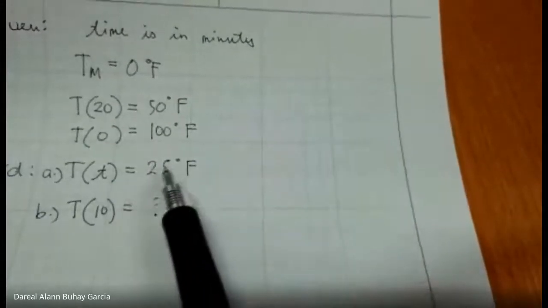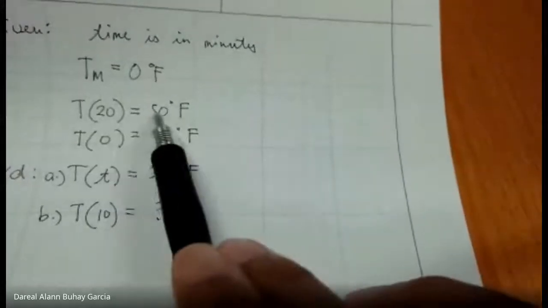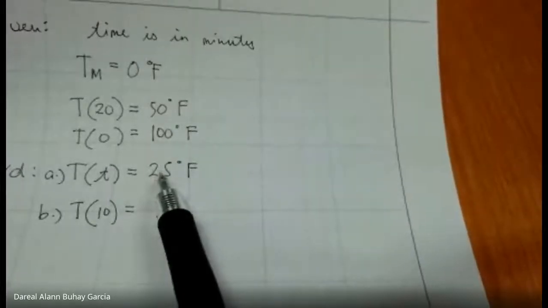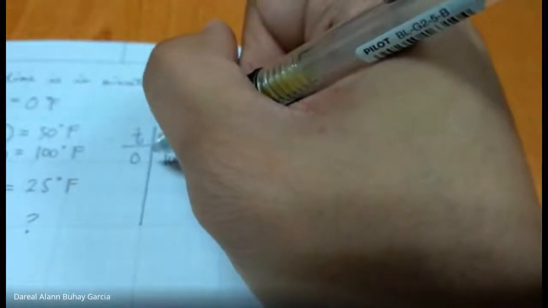So, kung ito i-graph, may ang temperature, may ang time. At time 0, 100 degrees Fahrenheit din dire. At time 10, question mark. At time 20, 50.